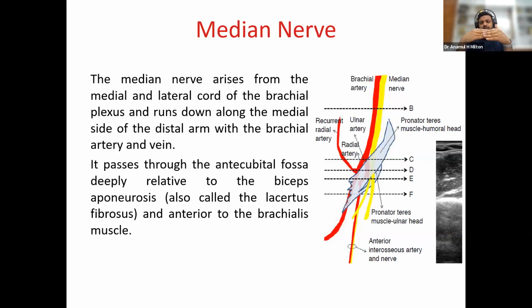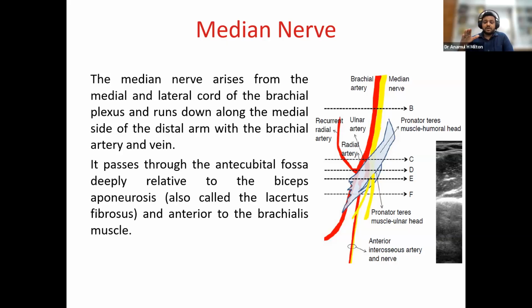This structure is maintained at this site by one very important thing, called the lacertus fibrosus, because the nerve comes just under the lacertus fibrosus, and the lacertus fibrosus is actually part of the distal biceps tendon.